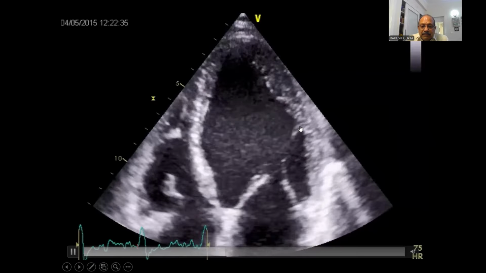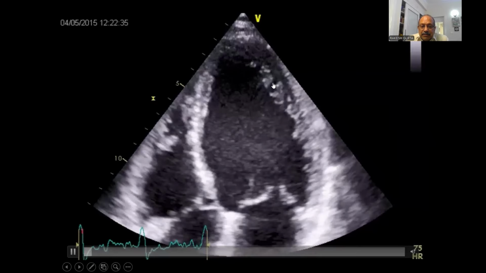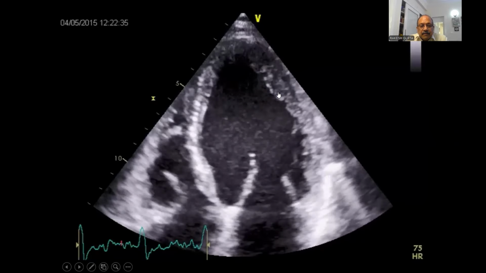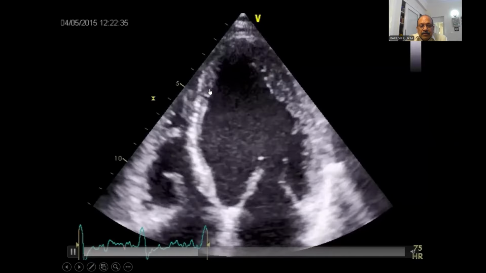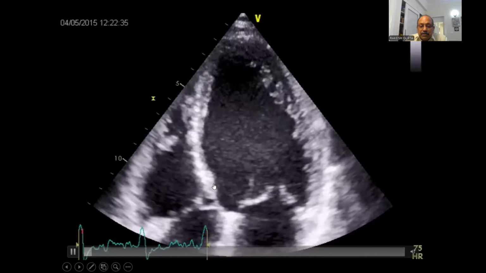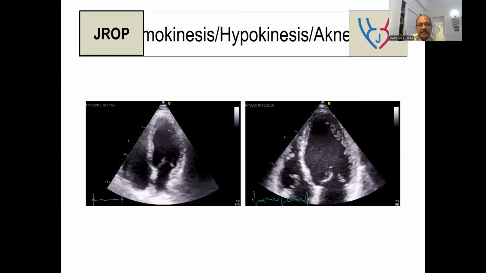Some endocardium seen which thickens. This is almost akinetic, but endocardium is seen. Here, endocardium has become scarred. So everything is seen in this slide.